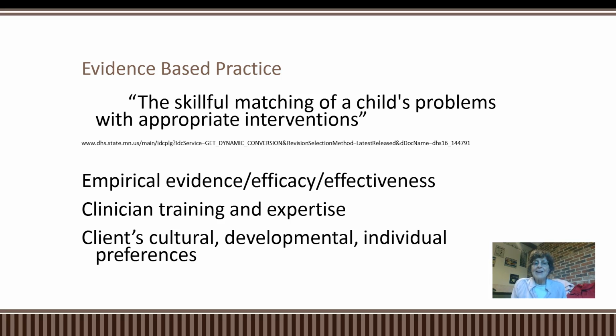You've got to match the child's problem with the appropriate intervention, and that's that triangle where you're going to use an approach that has empirical evidence for effectiveness or efficacy, meaning it's been shown to be effective with presenting issues similar to the one your child client has. 2, you have the training and expertise to use it, or here's the other thing.